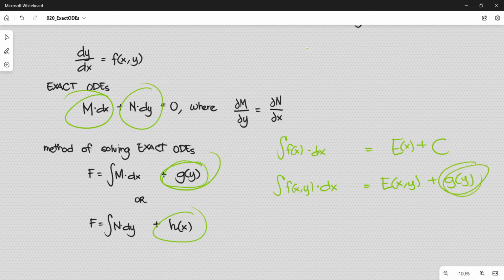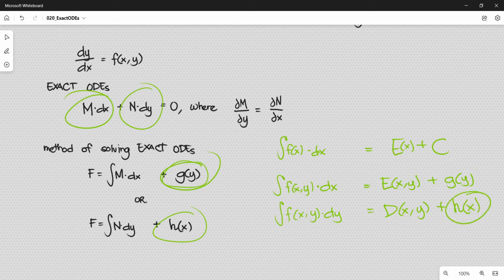So, since hinohold natin yung y as constant dito, so yung function na to of y, parang siya yung katumbas ng constant dito. Ganun din kapag i-integrate natin with respect to y, may makukuha tayong function ng x and y, tapos may plus function ng x.